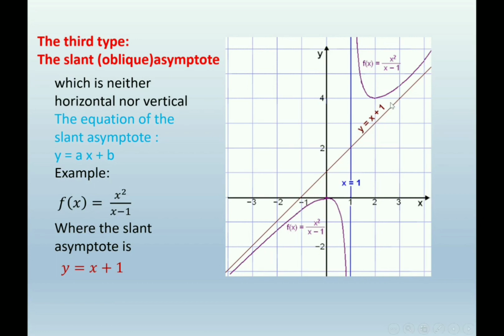Now you can draw it easily by using a small table including 3 points of your choice, replacing x by 3 values and adding 1, then you can plot this line. For example, put 0 instead of x. 0 plus 1 is 1.